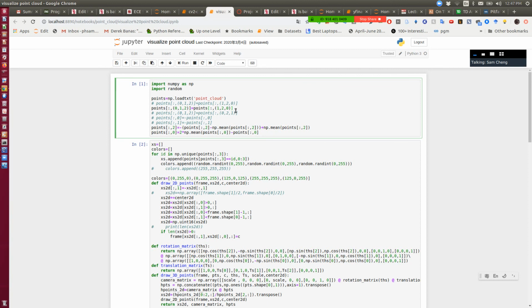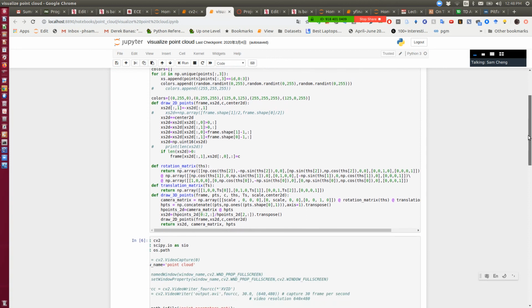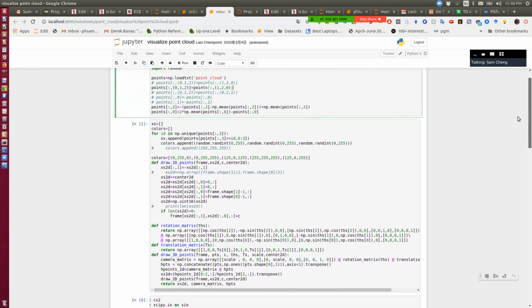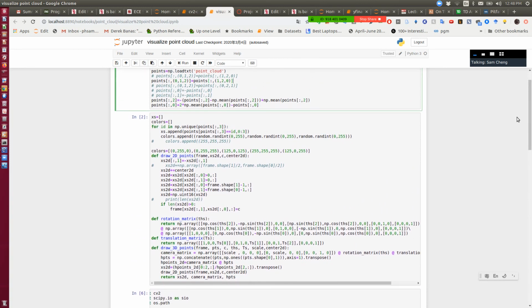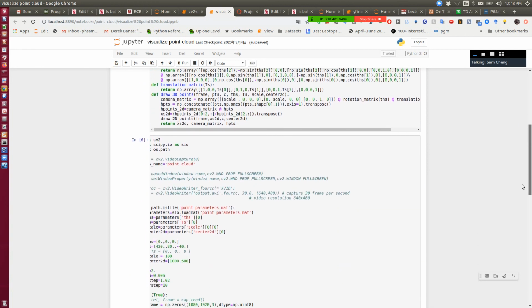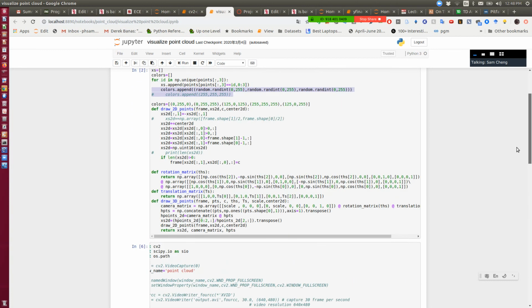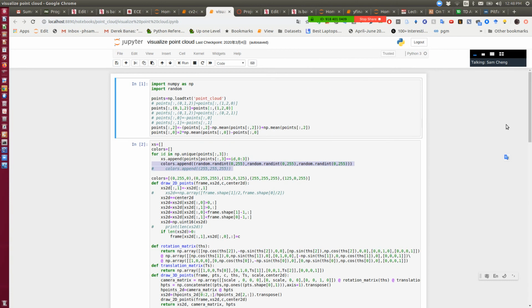I did it a month ago, so I already forgot where I got the point cloud, but I downloaded some point clouds. Then as I mentioned, I only play with the intrinsic parameters. I didn't play with the extrinsic parameters, basically the coordinates like this R and T and so forth. But I didn't change the intrinsic, so I assume kind of ideal intrinsic parameters.